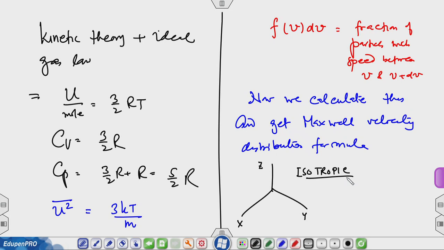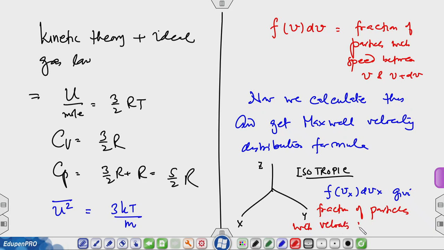So we assume that the distribution in all three directions is the same. f Vx dVx gives the fraction of particles with velocity Vx in the range Vx to Vx plus dVx.